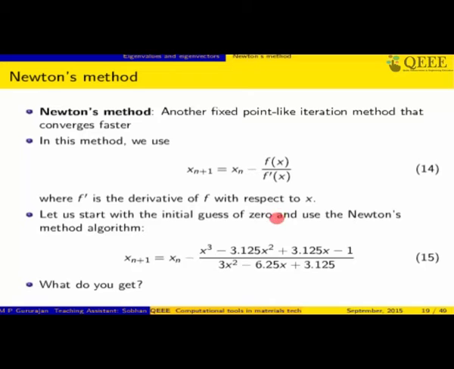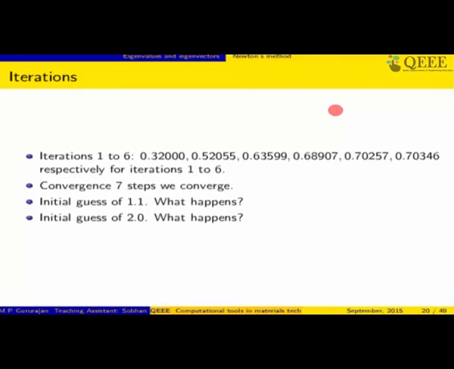So this is Newton's method. If you do Newton's method, these are the iterations 1 to 6. So start with 0, then you get minus 1 by 1.325 and so on. So in 7 steps it converges.